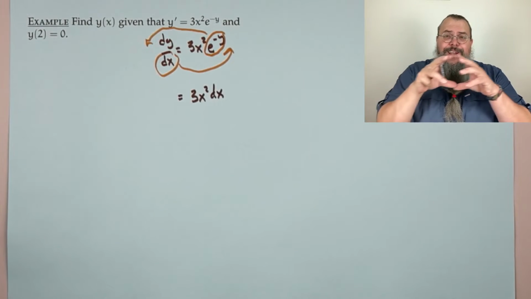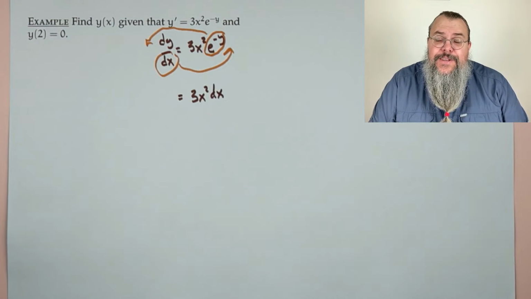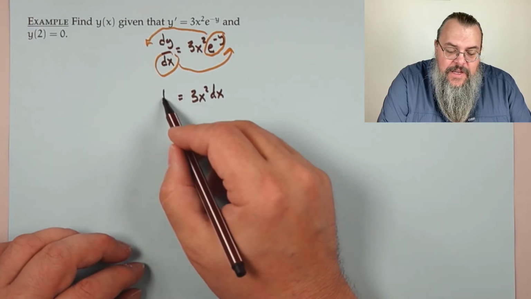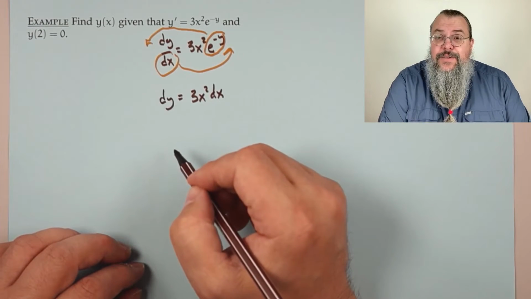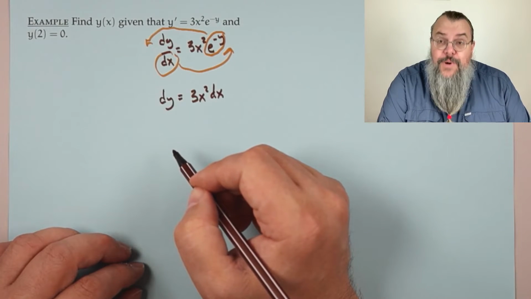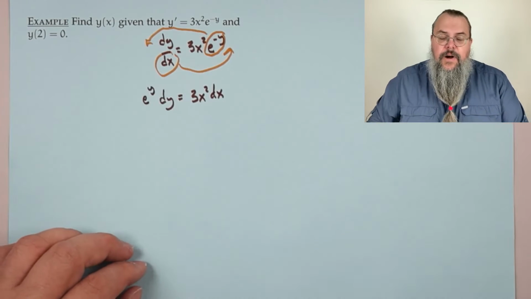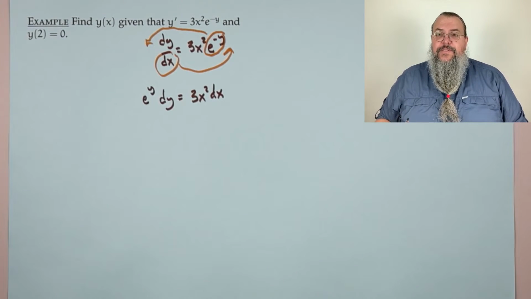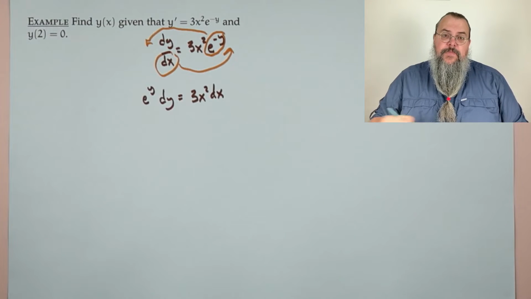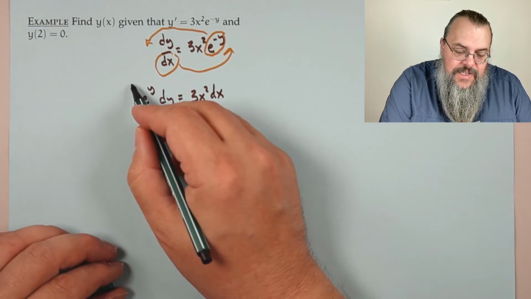When you move the e to the minus y across, what are you going to end up with? Okay, so how do you move it? Well, you could say I divide by e to the minus y. Dividing by e to the minus y is the same as multiplying by e to the y. So e to the y dy is equal to 3x squared dx. All right, good. Now, the next thing is we've separated, so it's the integration.